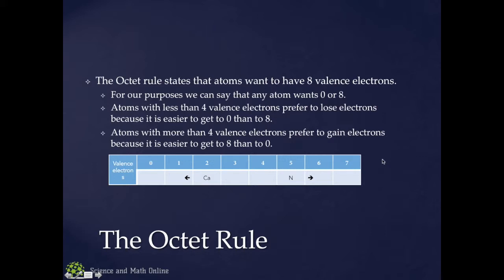Which way are you going to go? It's pretty obvious that you would want to go this way. And nitrogen, which has 5, is going to go this way to get to 8, because it's easier to gain 3 than it is to lose 5. That's kind of how the Octet Rule works, and it's going to be important as we look at these next 2 periodic trends.